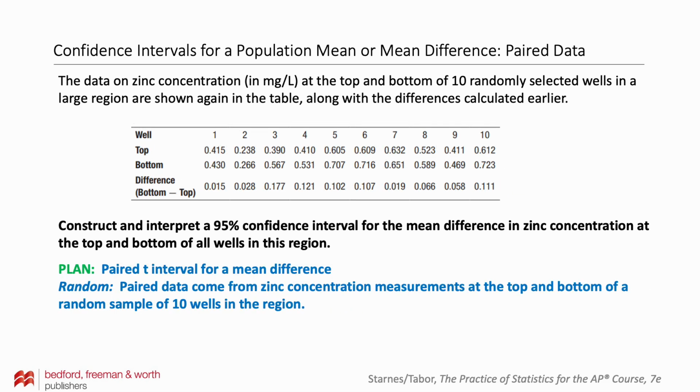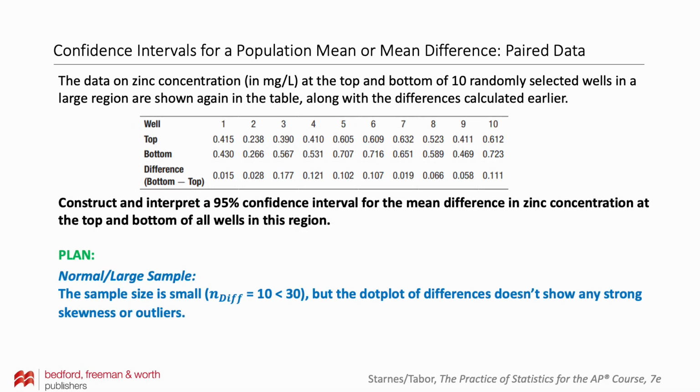So we're going to check our conditions. The paired data comes from zinc concentration measurements at the top and bottom of a random sample of 10 wells in the region. The 10% condition: 10 is less than 10% of all wells in the region, and we're going to assume that to be true. Then we're moving on to the large or normal sample condition.